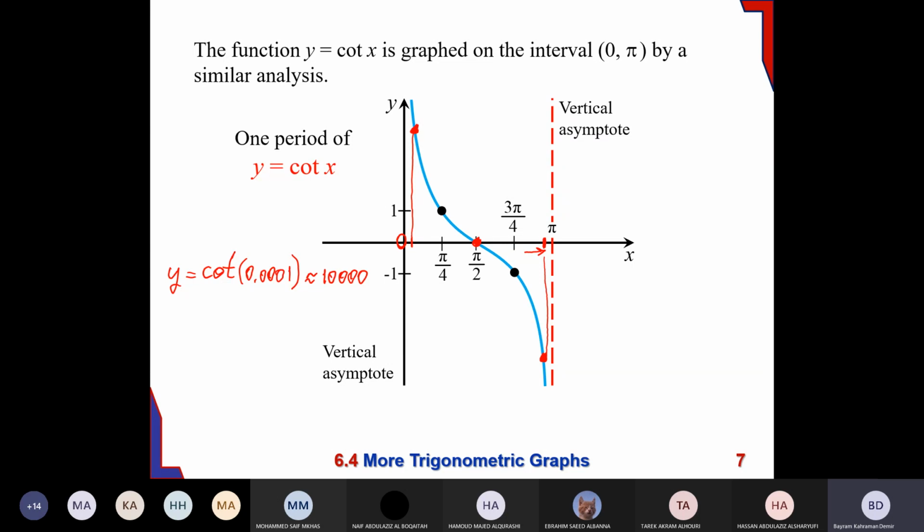When you get closer and closer to vertical asymptotes, the functions will either go up to infinity or go down to negative infinity. Okay. So that is the cotangent image. We should just remember this image so that we are going to use it to sketch the other questions.